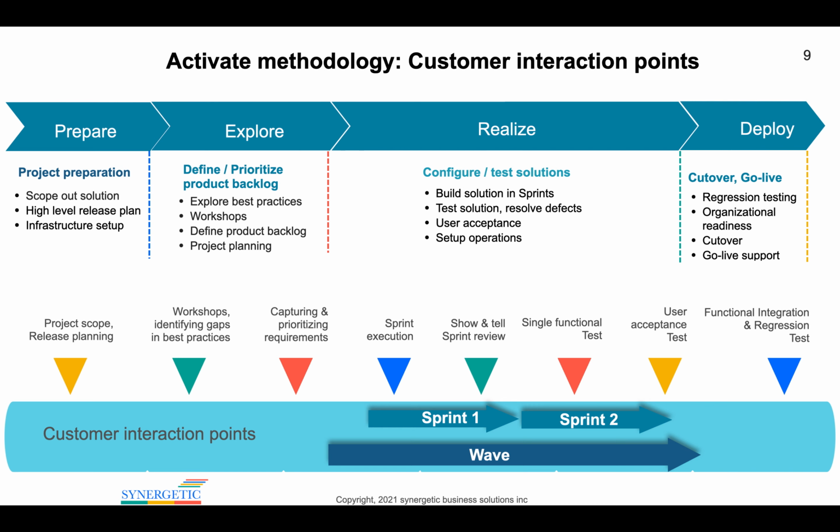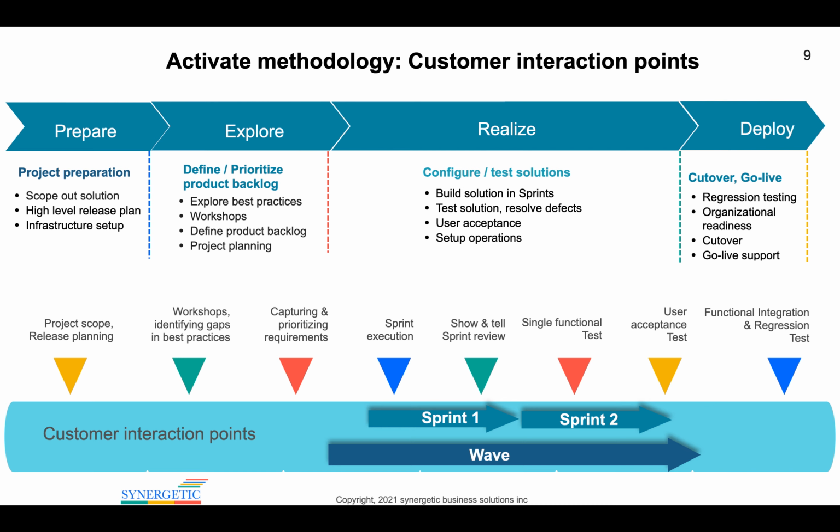One of the big things I want to emphasize about Activate is that it gives a lot of opportunity to interact with the customer and make the customer a part of the implementation team.